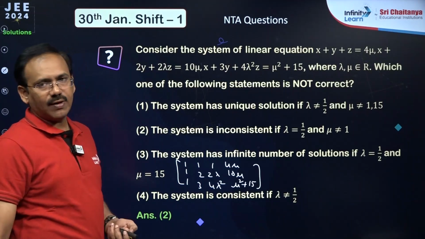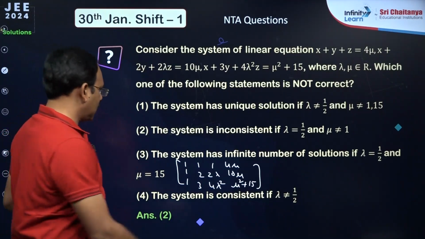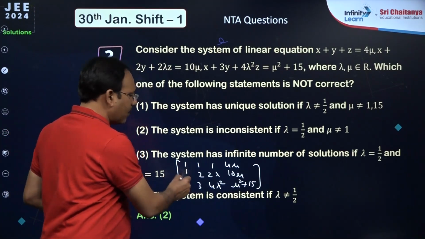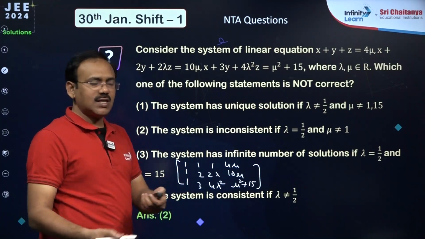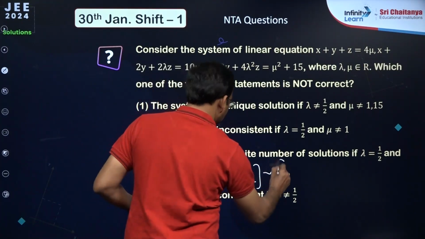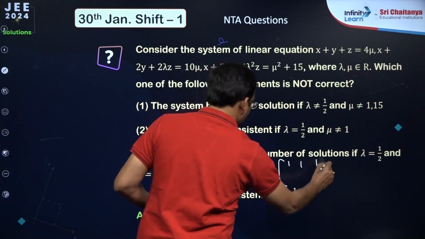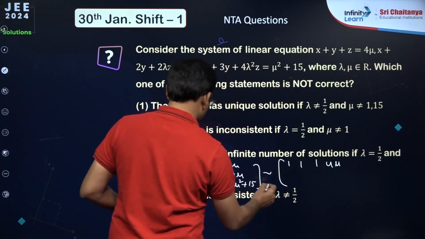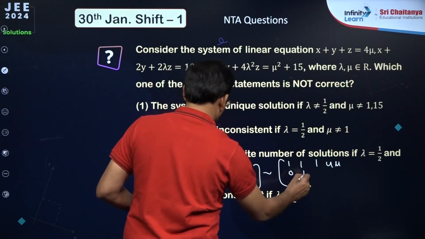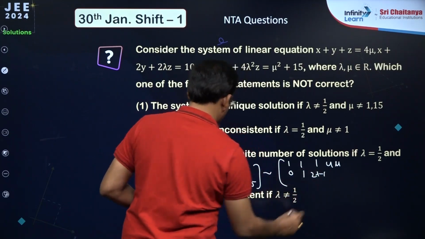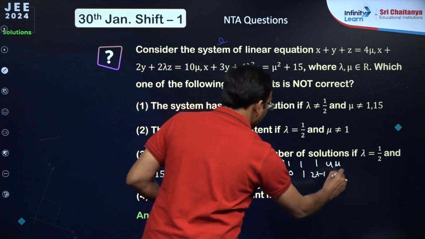Okay, this is the one, my dear friends, the augmented matrix. With the help of this one, you make these two 0, that is R2 minus R1, R3 minus R1. In turn, this is going to become 1, 1, 1, 4 mu. This becomes 0, this is 1, this is 2 lambda minus 1, this is 6 mu, my dear friends.